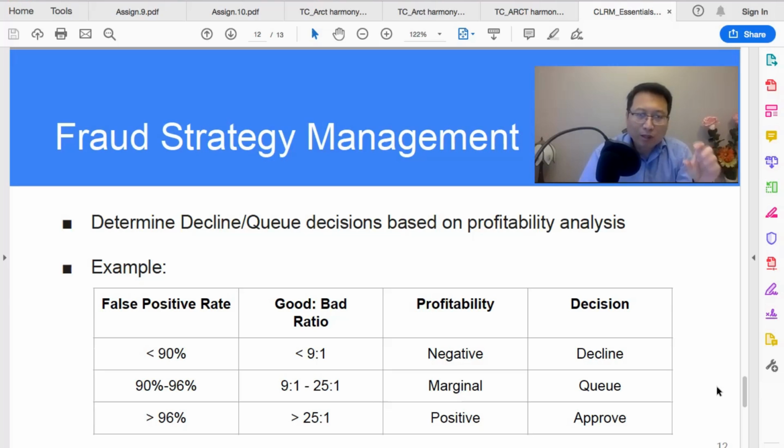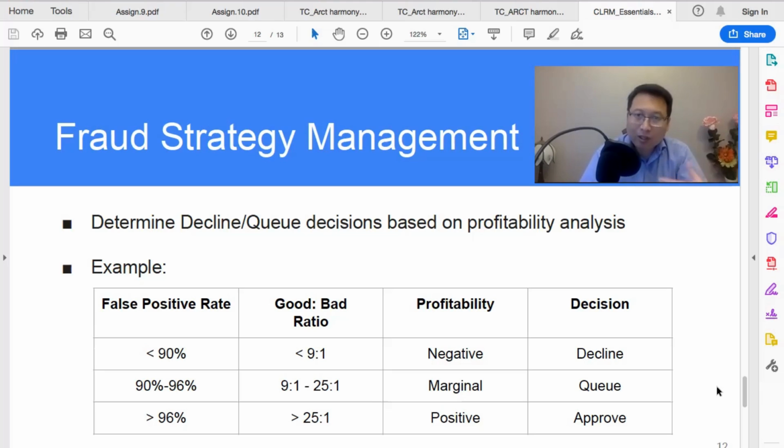So in this simple example, we have 3 tiers. The first row is a false positive rate less than 90%, or equivalently a good bad ratio less than 9-to-1. For every 9 good accounts, there's at least 1 bad account or even more.